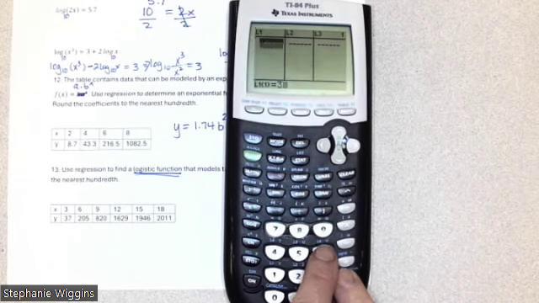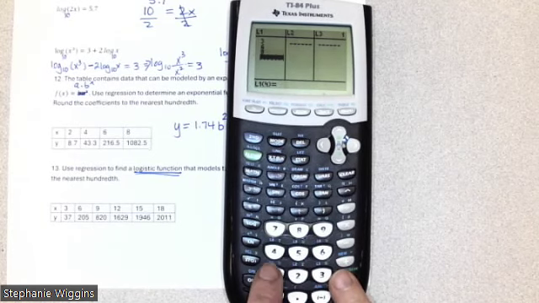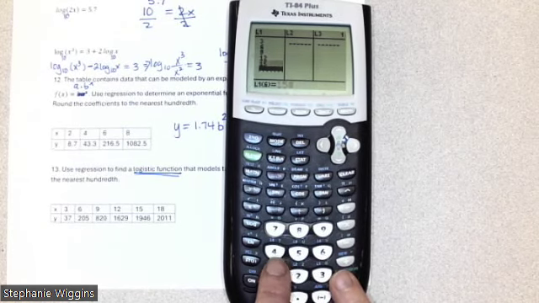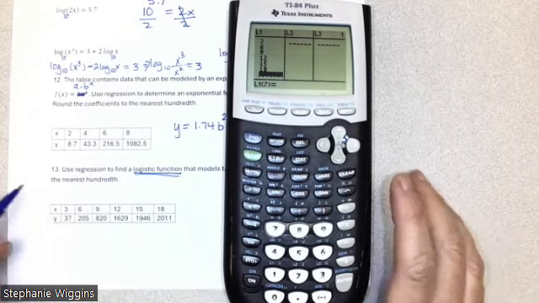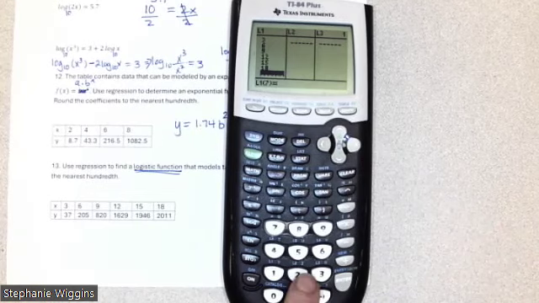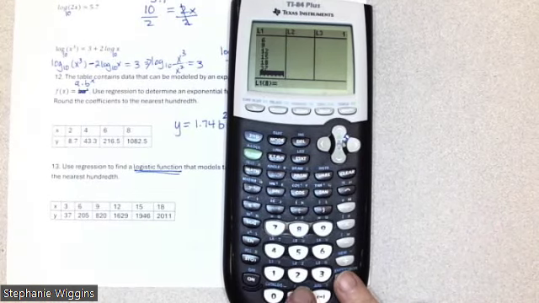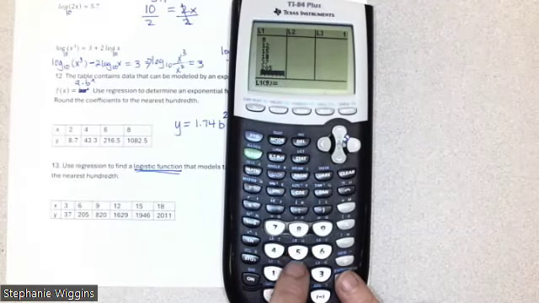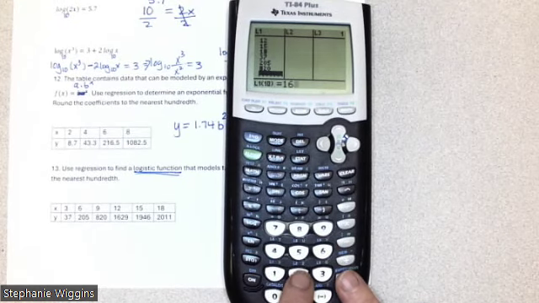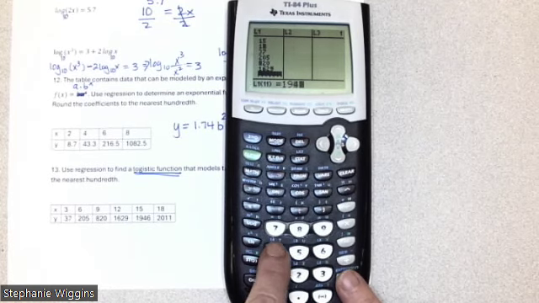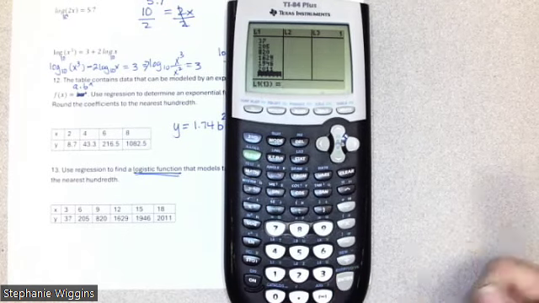So I have 3, enter, 6, enter, 9, enter, 12, enter, 15, enter, 18, enter. So I've got my x values. Now I'm going to go ahead and do the y values. 37, enter. 205, enter. 820, enter. 1620, 29, enter. 1946, enter. And finally, 2011, enter.